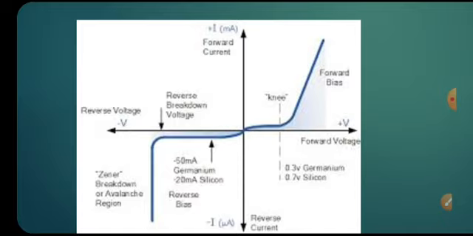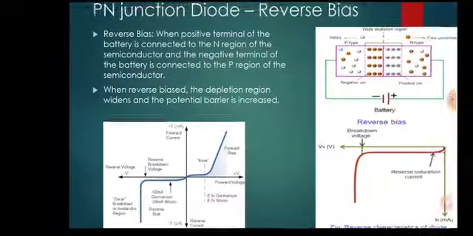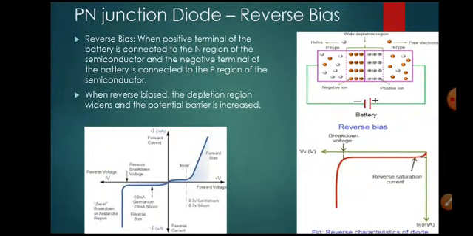This is also called the Zener breakdown or avalanche region. Up to a certain voltage the current is saturated, with no fluctuation, but at a particular voltage it suddenly changes drastically.